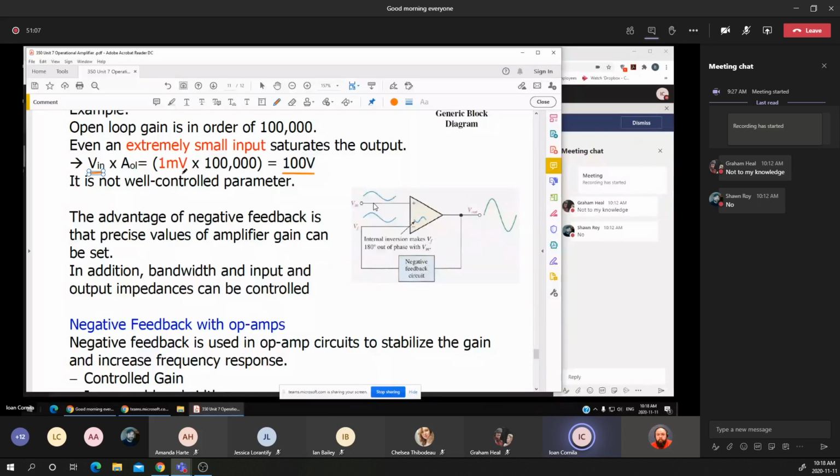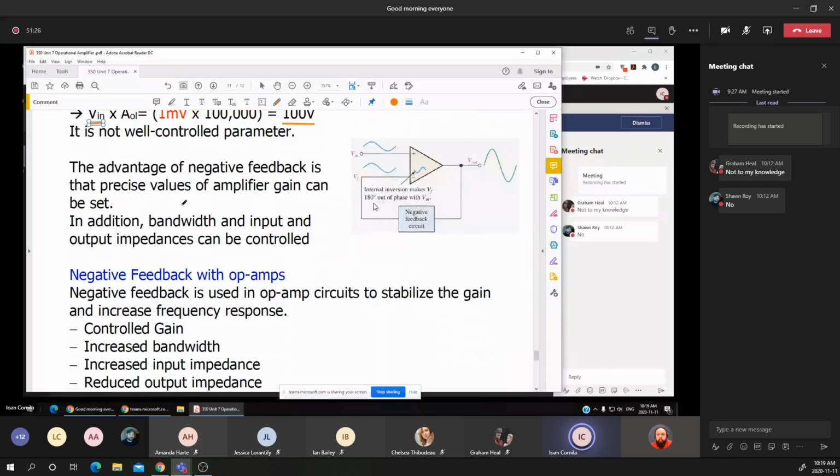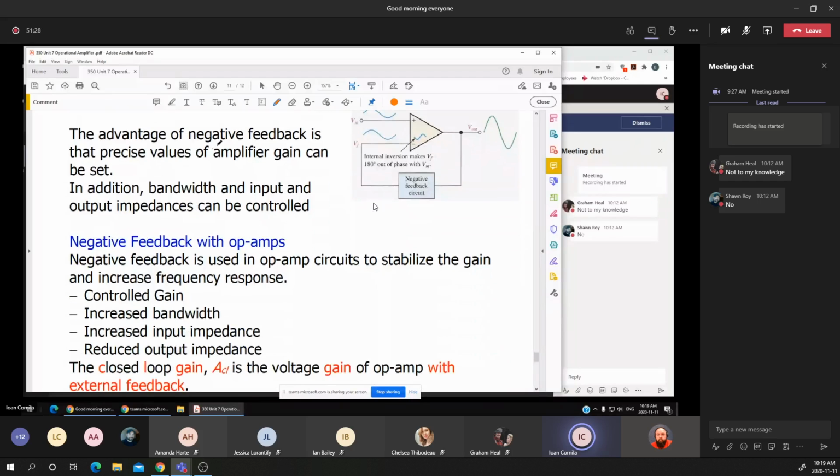Even if it is a small amount of voltage, 1 millivolt, or 100 microvolts or 10 microvolts, due to the amplification the output will be in saturation mode. Means that I cannot control this voltage. The advantage of a negative feedback is that now we can control the gain. Means that I can have a precise amplification as 5.5, 10.93, and so on.